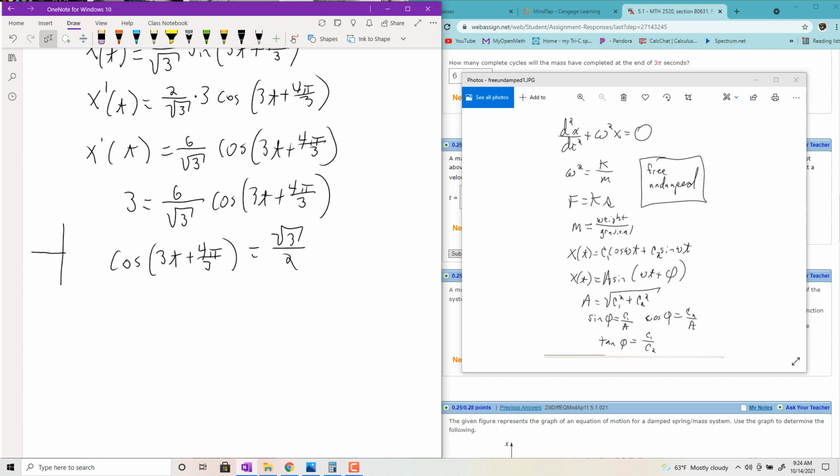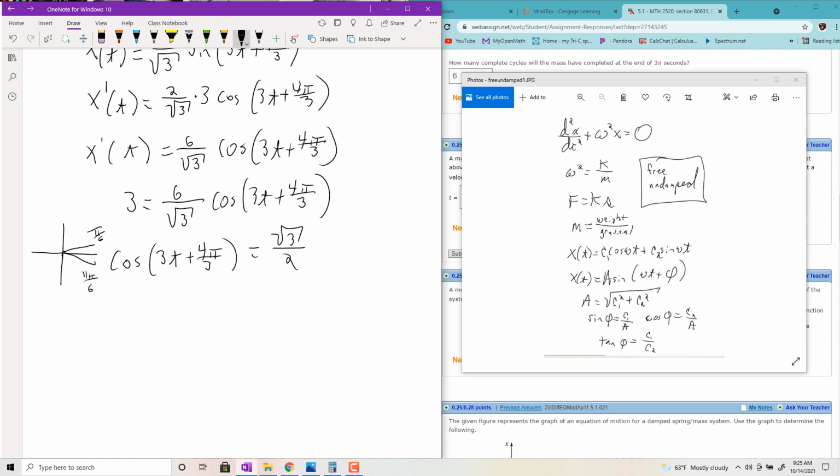And there's 2 of them in the interval from 0 to 2 pi, and we use those as the generators for all the other angles. So the first angle where that will be true is in the first quadrant, and that will just be pi over 6. And then the second angle where that's true, that's in the fourth quadrant, which is 11 pi over 6. Okay.